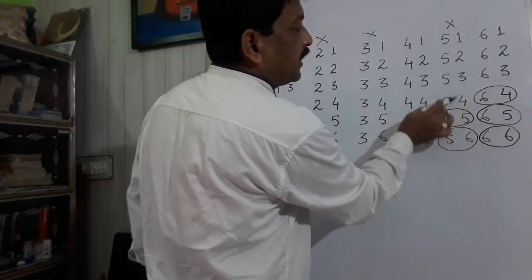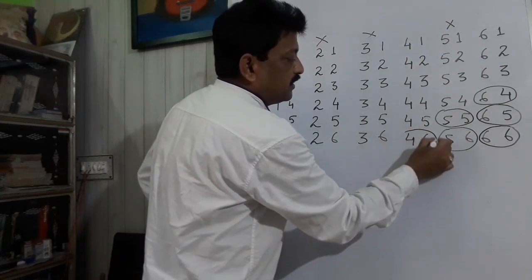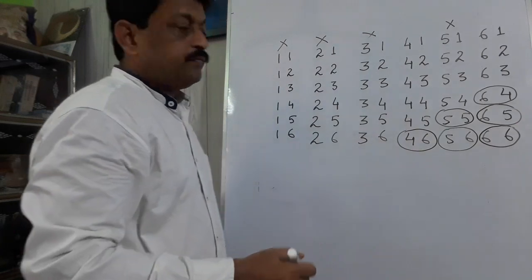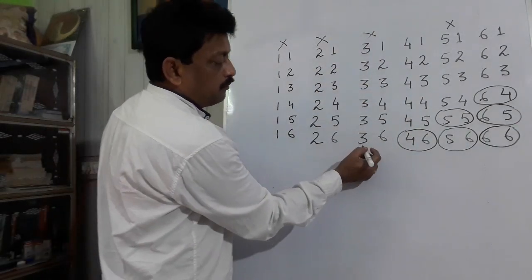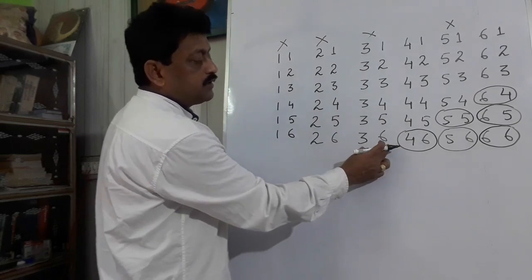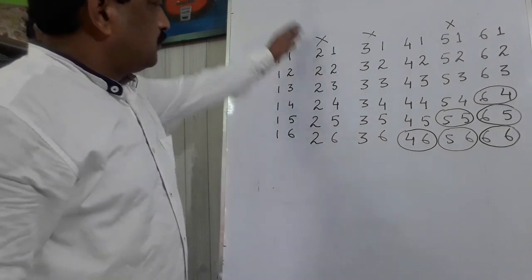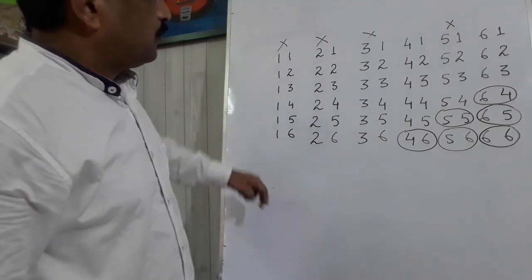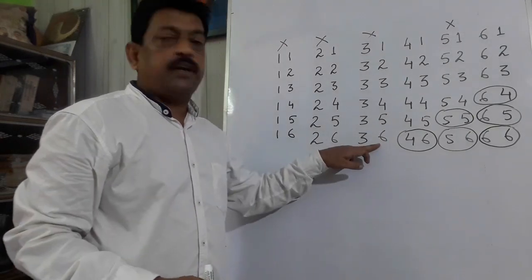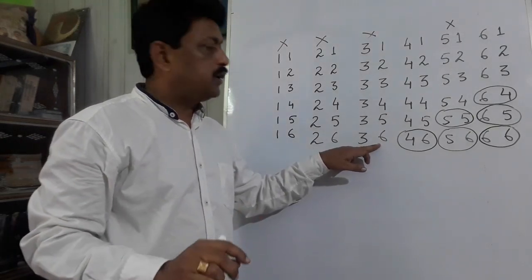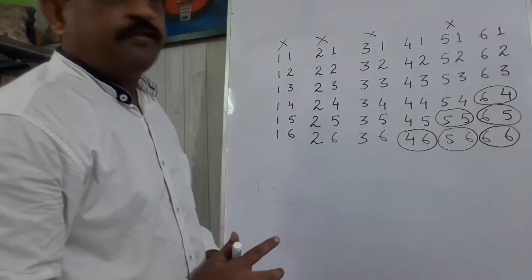And this is becoming 9, 8, 7, 6. So they are excluded. 4, 6, 10. And 4, 5 is 9. Now the maximum sum of these 2 dice is 9 on this side. So in these first three rows, the maximum sum is 9, so we cannot take any sum as our favorable outcome.